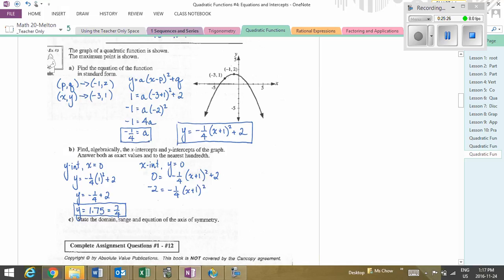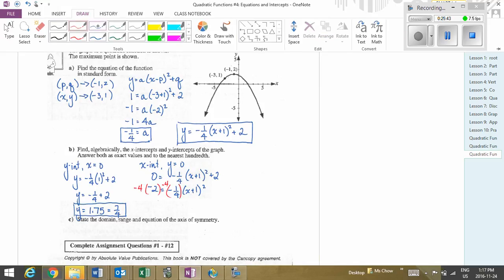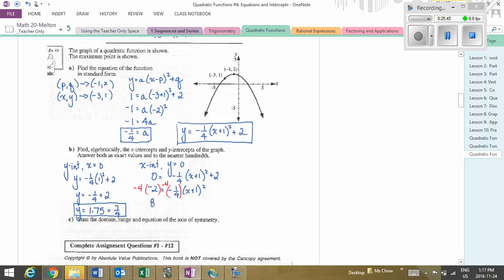To isolate, I first need to get rid of that -1/4, so I will multiply both sides by -4. So that means that on the left side we'll have 8. The right side, -4 times -1/4 is then +1, so I'm left with just x plus 1 all squared.